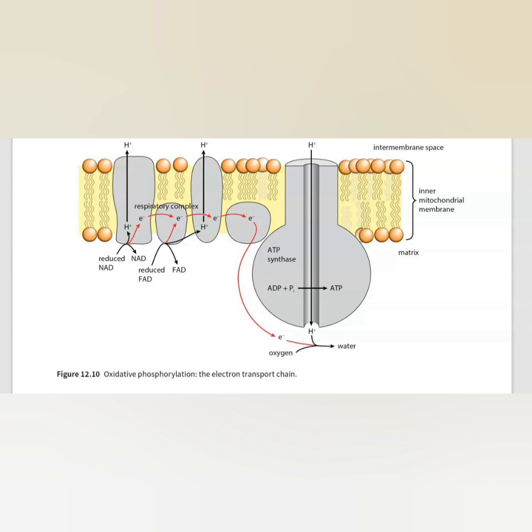The inner membrane of the mitochondria is the crista. It is a specialized membrane which contains a protein complex that is also known as the respiratory complex. As you can see in this diagram, we can highlight some of the proteins here.